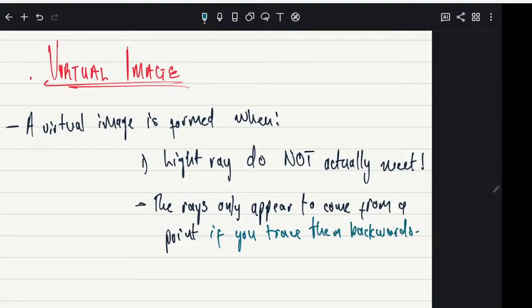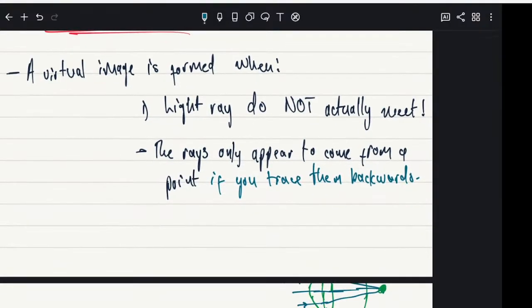So rays don't meet on a virtual image? Of course they don't. That's why it's virtual. It's usually on the same side as the object when you are going to find this type of image, this virtual image.